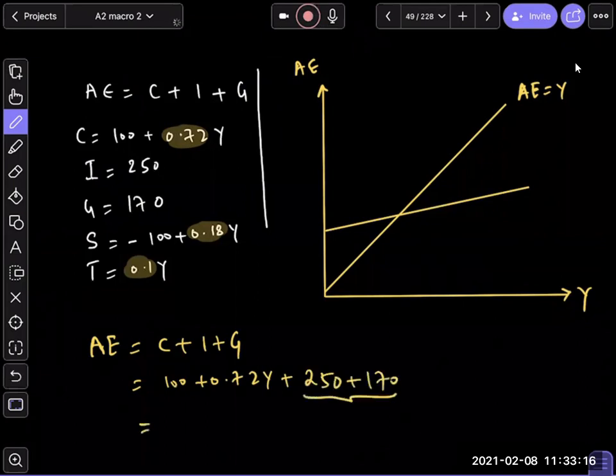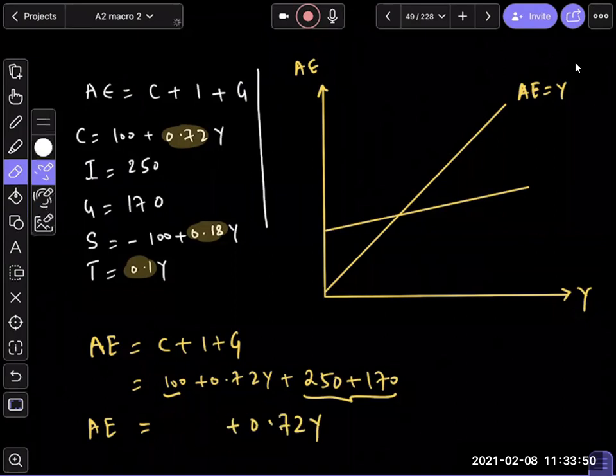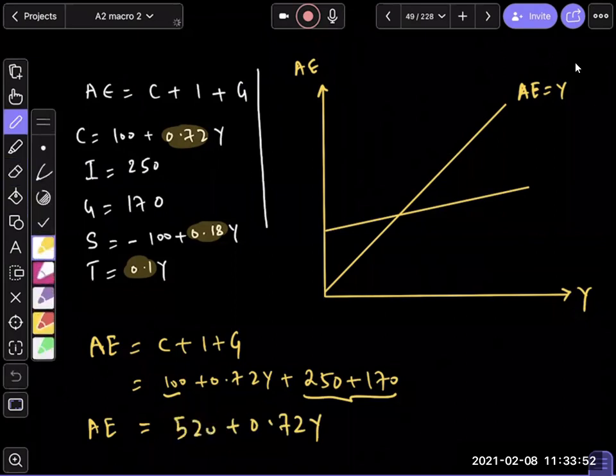So 250 plus 170 plus 100... Can you do this math again? 250 plus 100 is 350. 350 plus 170 is 520.